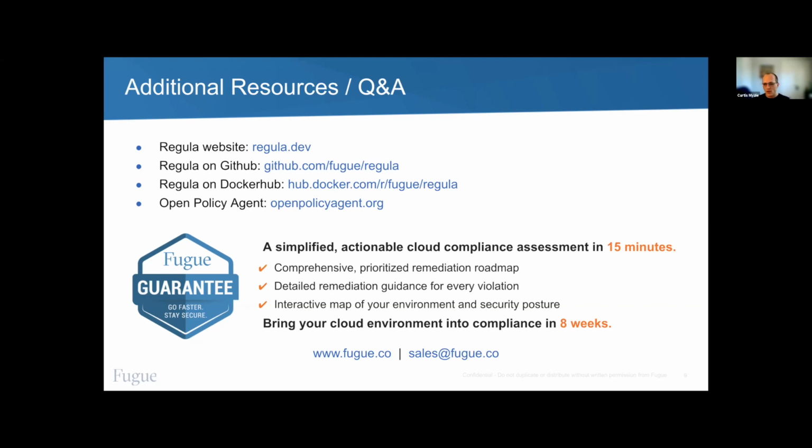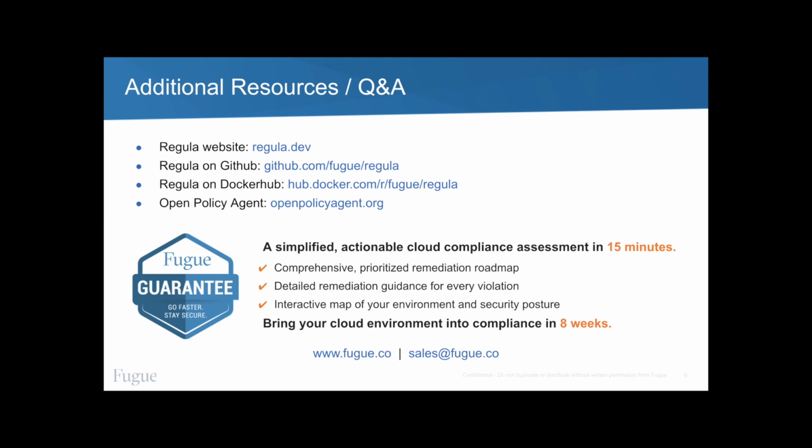And it's different in a number of other ways as well. The fact that we use Open Policy Agent and that open standard language is obviously a big one. And then I think you'll find that the Regula CLI and the Regula tooling is really excellent too. So give it a try and see what you think.